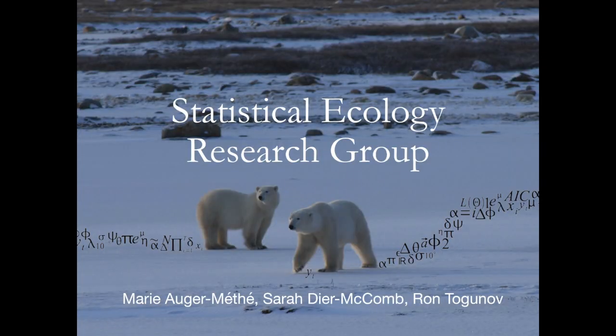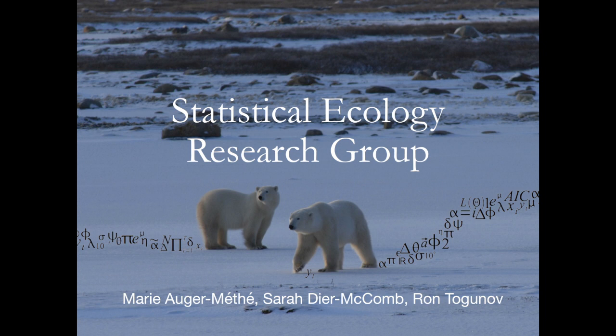I'm cross-appointed in statistics, and most of my work involves developing models to understand the ecology of aquatic species. In particular, what we'll be doing here at UBC is trying to understand the effect of anthropogenic changes on the population size, the survival, the health, and the reproduction of aquatic species.